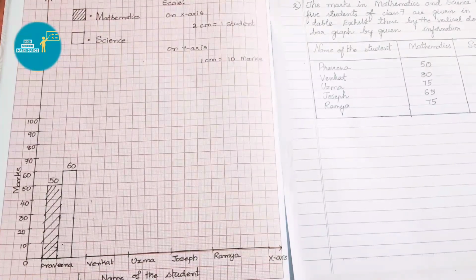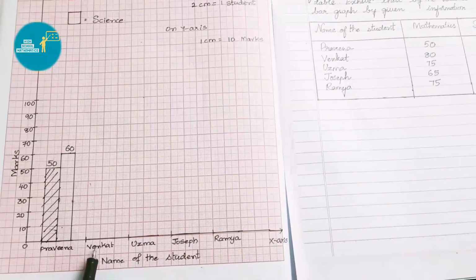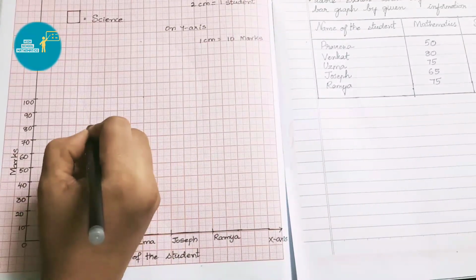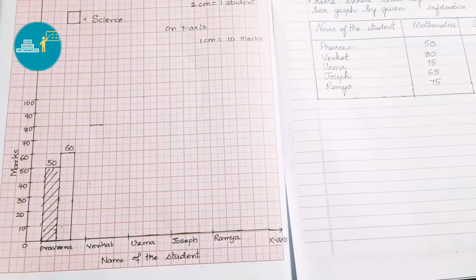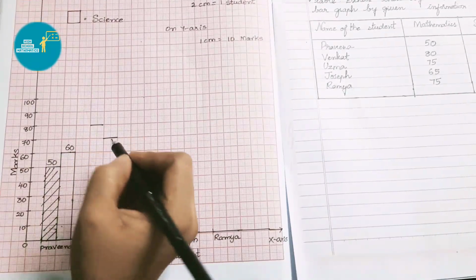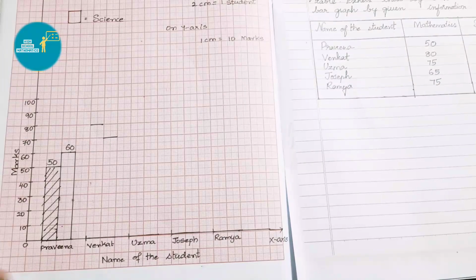Now let us see the next student. Venkat got 80 marks in mathematics, so let us mark here near 80. And science marks he got 75. Now let us mark them and join them.